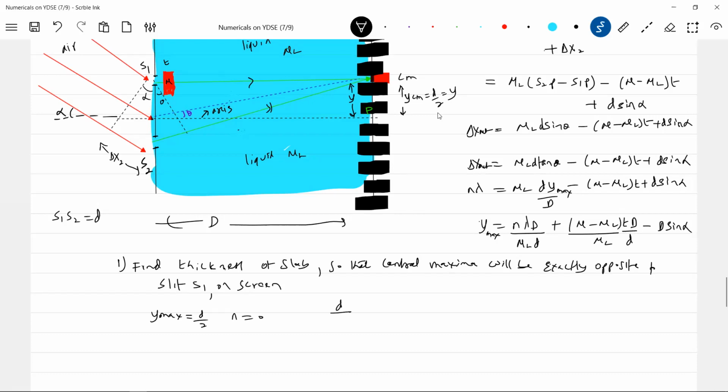So substituting that, d by 2, n equal to 0, mu minus mu L by mu L, t capital D by small d, minus d sine alpha.